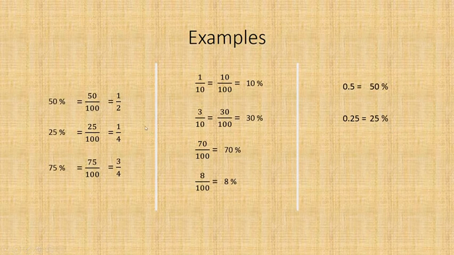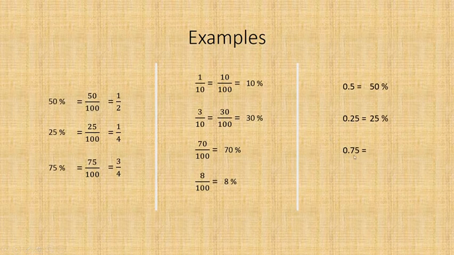And get back again to the second example here. 25% equals 25 over 100, and it's simplified to be 1 over 4. Or you can change this fraction into decimal. So it's going to be 0.25. And if you don't remember that, just watch the previous videos. Okay, let's have another example. 0.75.